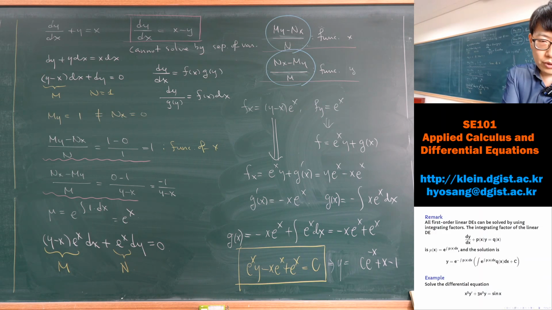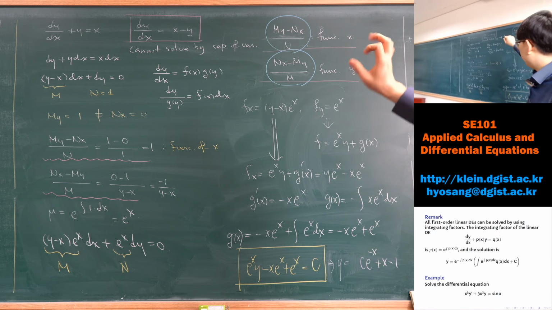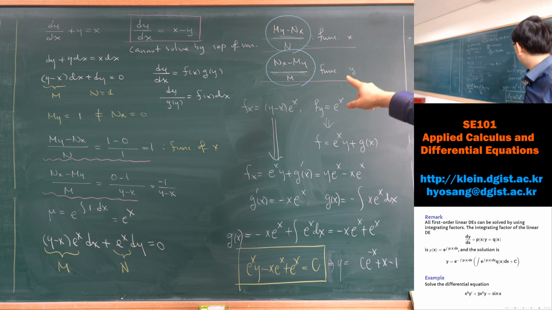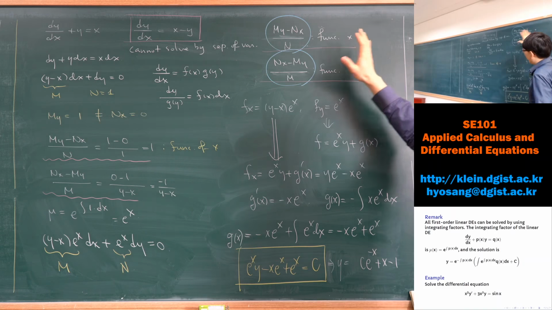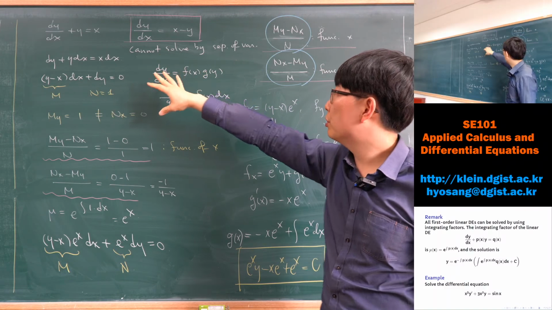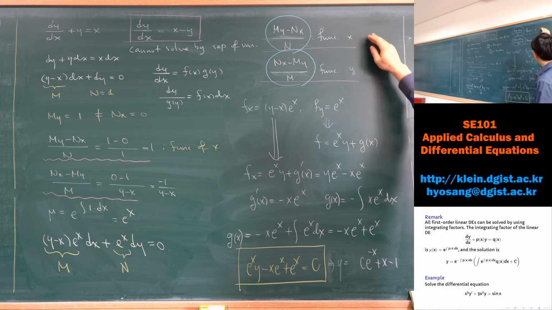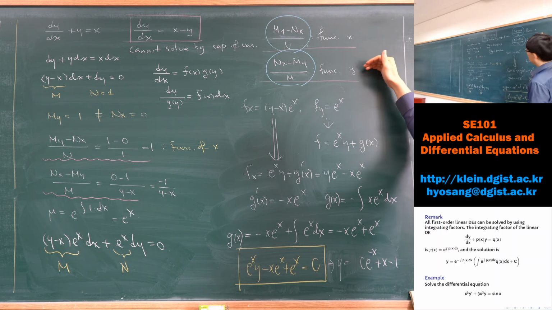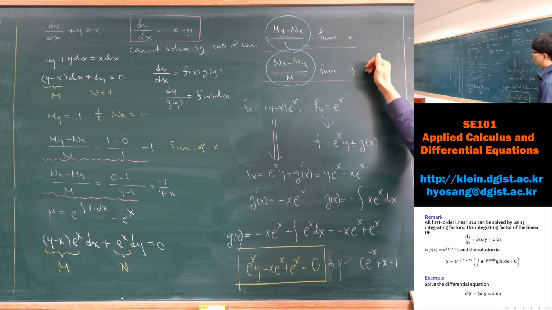No, I'm not telling you that in any differential equation you will have one of these conditions satisfied. There are differential equations for which none of these conditions will be satisfied.